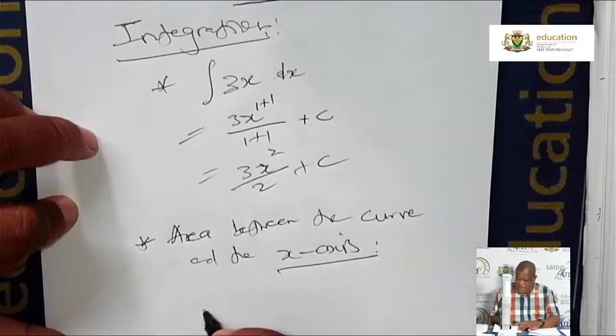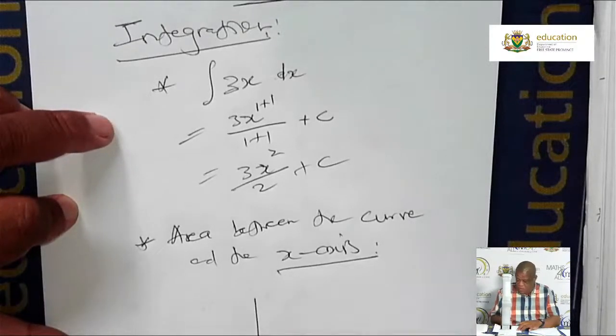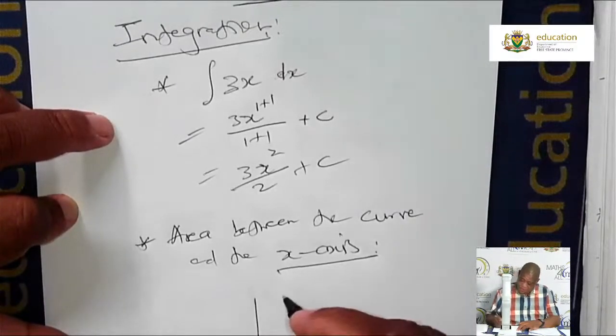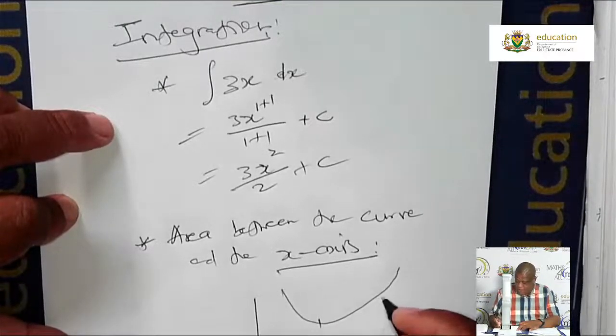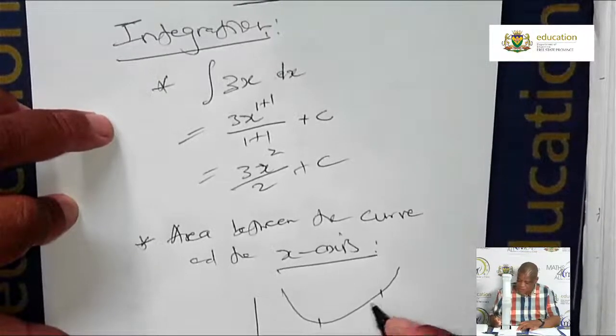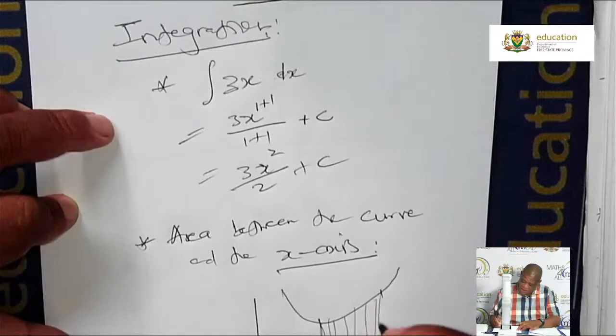Let's say you are given a sketch. They've drawn a parabola like that, x equal to 2 there, x equal to 4 there, and this part is shaded.